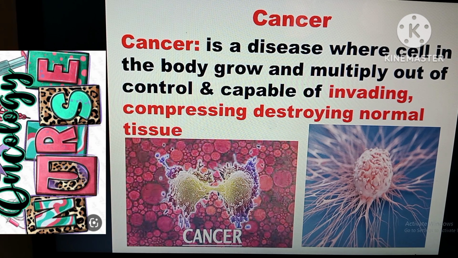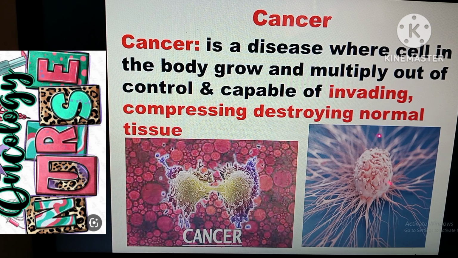Entering into another body organ or a vital organ. When the abnormal cell growth enters, it compresses the normal tissue or organ and destroys normal tissue. Simultaneously, the function of that particular organ will be altered. So that's cancer. It is very important for 1 mark questions, they will ask.